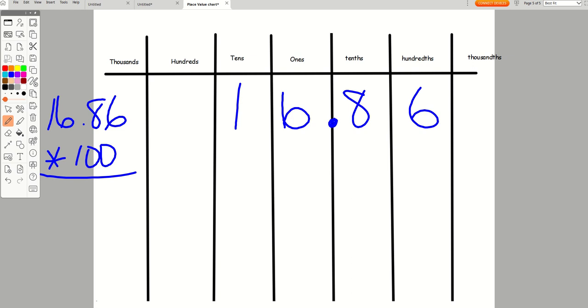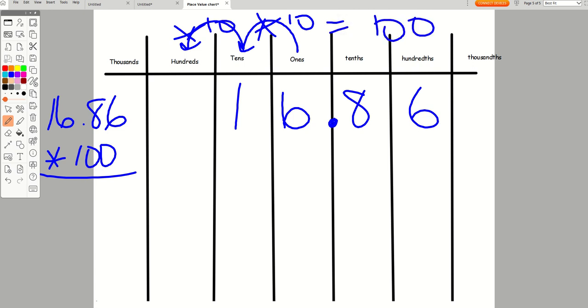That means not once but twice. We're going to go here and here. So we're moving times 10 times 10. 10 times 10 is actually 100, so we're getting 100 times greater. We need to move our digits 2 times over on the place value chart to show that times 100.